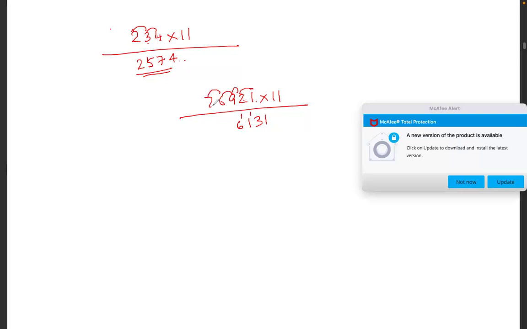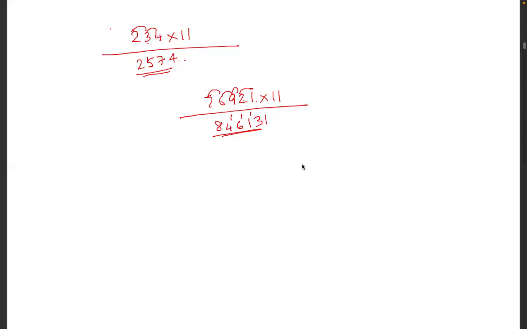Then 4 plus 7 is 11. 11 plus 1, 12. So 2, carry 1. Now 4 is the last digit. There is nothing after this. So 4 plus 1, 5. This is how you can do the multiplication. Okay. Now, how to find the square root of any 2-digit number?